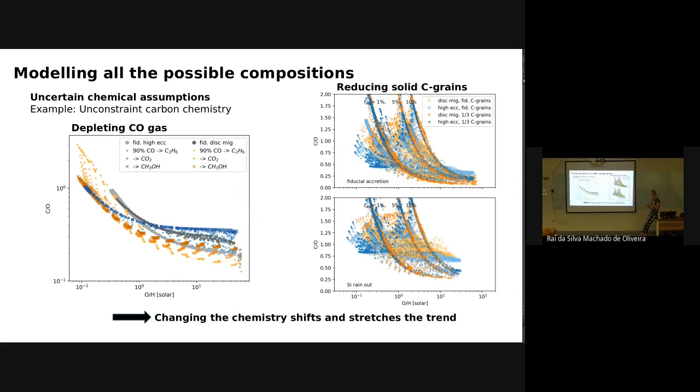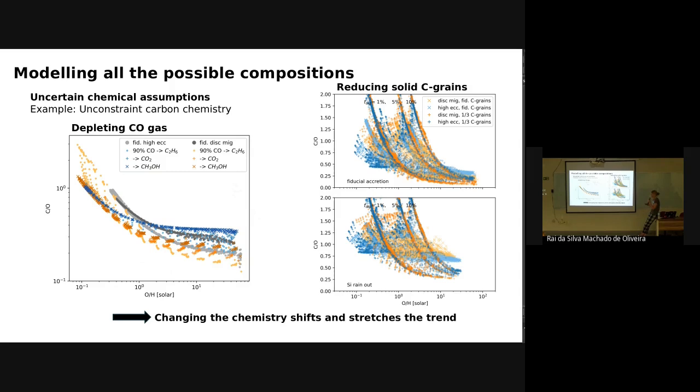However, there is a lot of research going into how CO can actually interact on the surface of grains to be reduced and to form ices or to be reduced into other longer chain carbon species. So what if our CO is actually depleted into other species that are carbon and oxygen carriers?